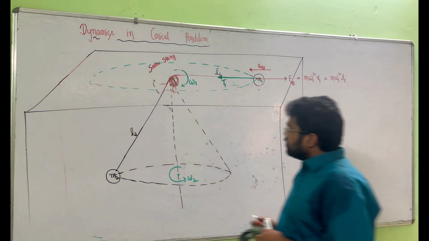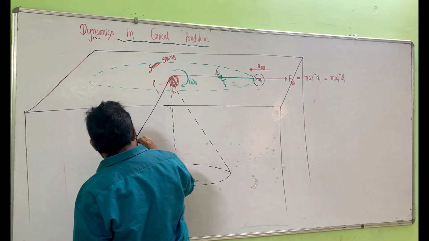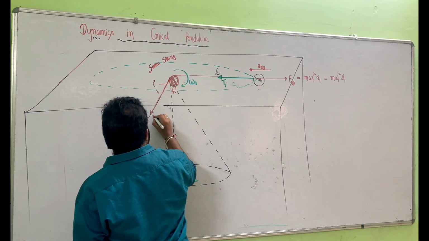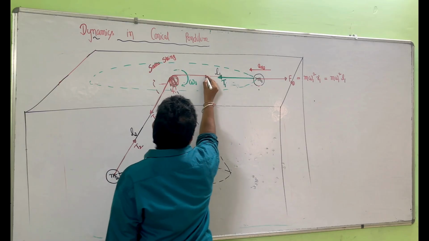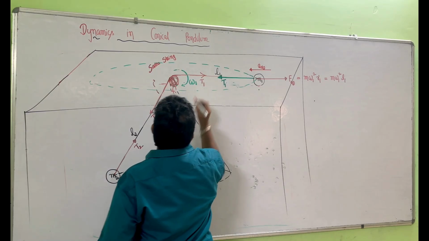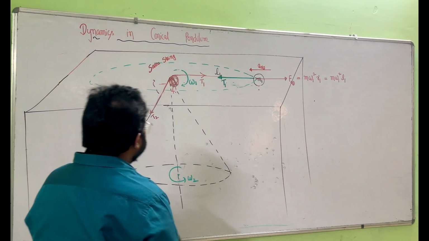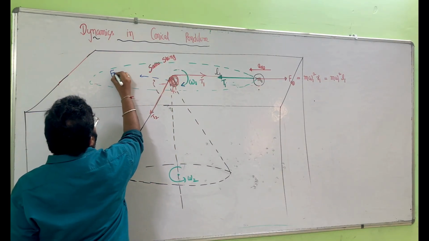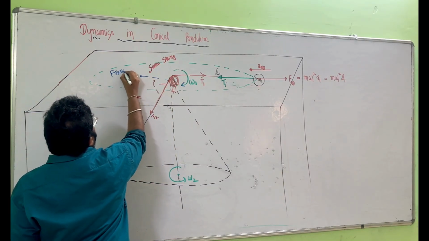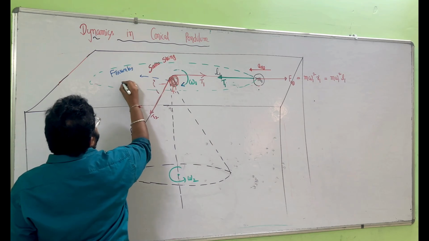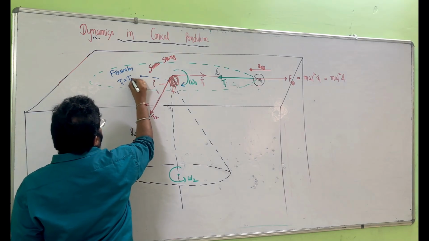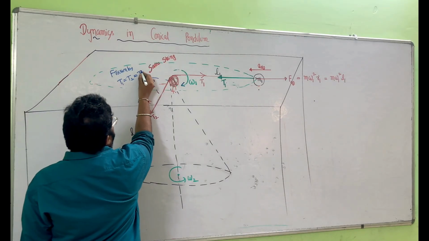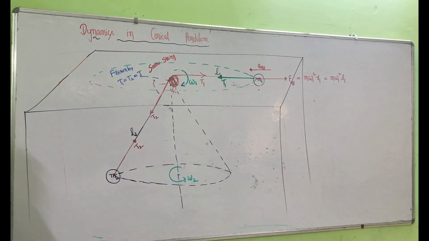Very clear? Now tell me, this is the tension T2, and this is the tension T1. The pulley is a frictionless pulley, so T1 equals T2 equals T. Clear?